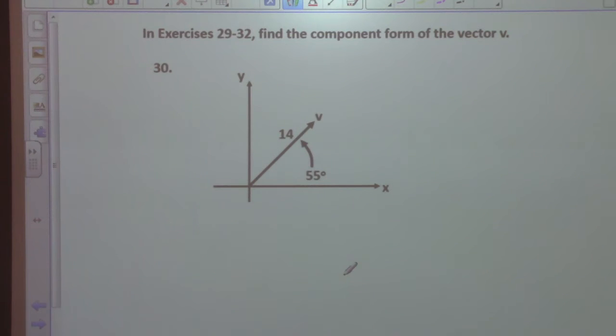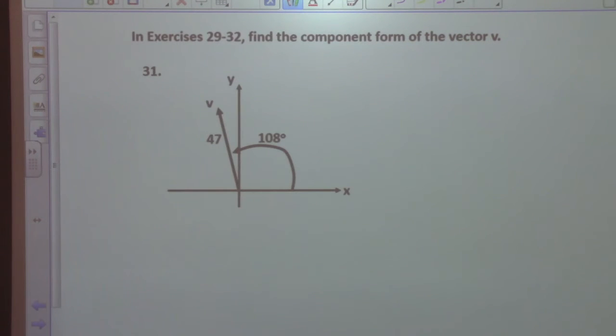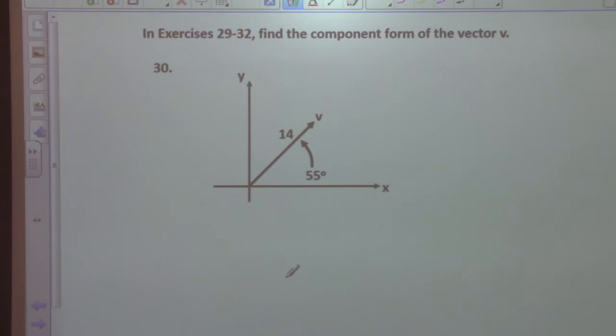Dana asks, you use the remaining degrees, because you do 180 minus 108? That is a real good question, an excellent question. I'm going to handle that after Justin helps us with problem 30. A very good question, Dana.